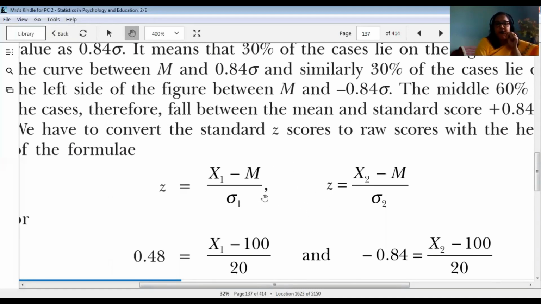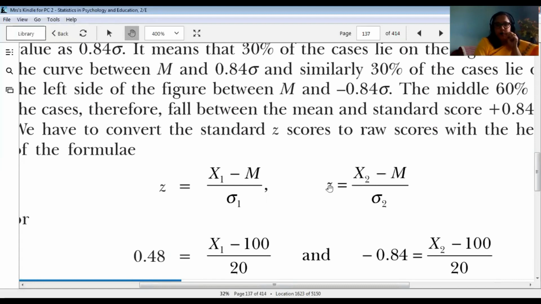So we have to find two raw scores, and therefore we need to put the values in the formula, as we usually use the formula for transforming a Z value into a raw score or a raw score into a Z value.